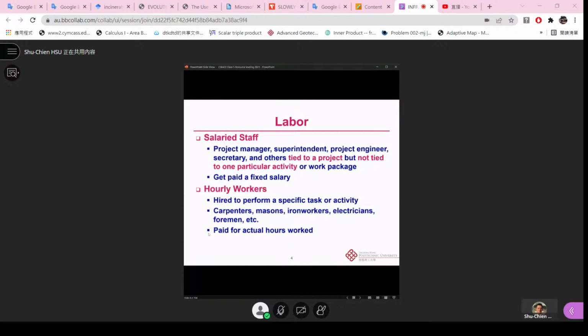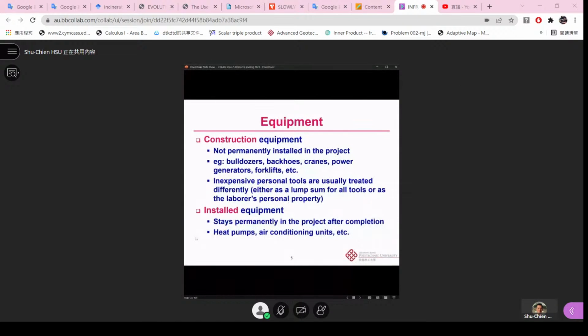All right. And for construction equipment, some of them are not permanently installed in the projects, but the company may own them, or may need to rent the equipment they need to conduct the projects. For example, bulldozers, cranes, backhoes, power generators, forklifts, etc. And some expensive personal tools are usually treated differently.